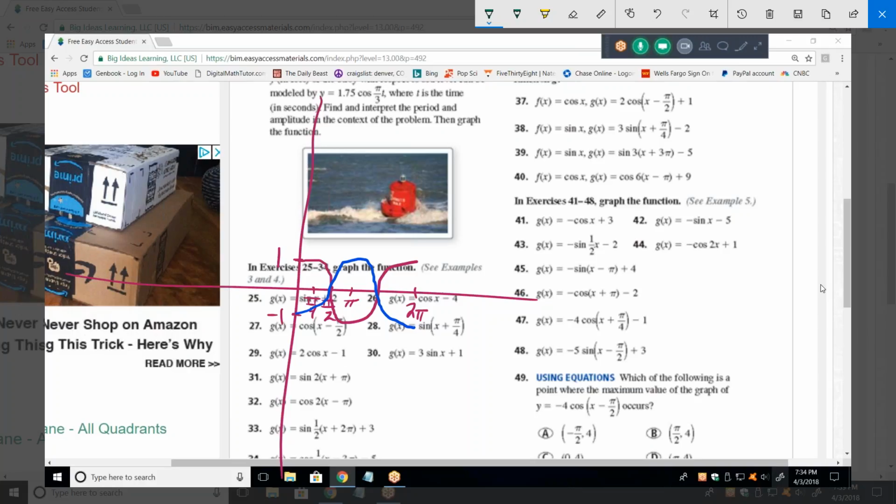Top point is 4. No amplitude means an amplitude of 1. You're going to go between -1 and 1. If that number is a 4, then you're going to go up to 4 and you're going to go down to -4.